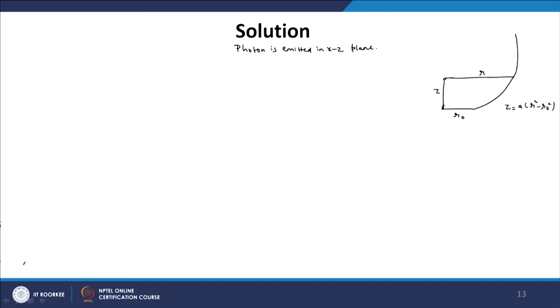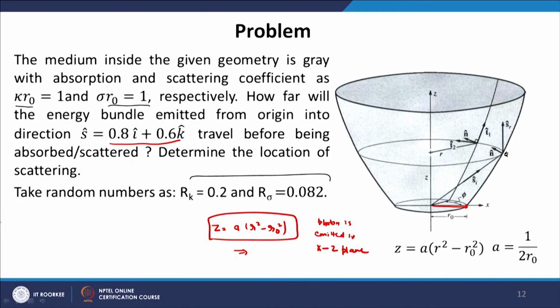So, this is the equation that is given, and any cross section of this diffuser will be basically a circle as is shown here. So, the cross section is a circle, and then this diffuser has z variation given by z is equal to a r square minus r naught square, but the cross section of this is a circle.